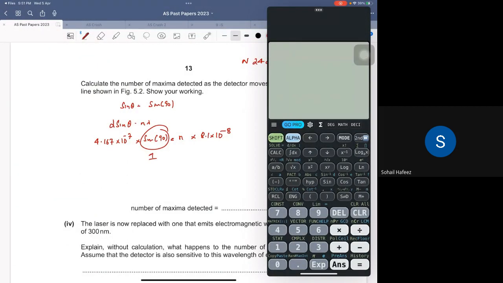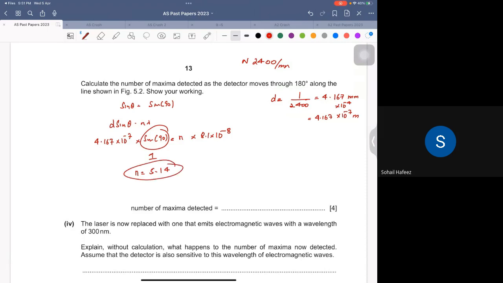You can simply divide 4.167 times 10 raised to power minus 7 by 8.1 times 10 raised to power minus 8. That's going to be 5.14.